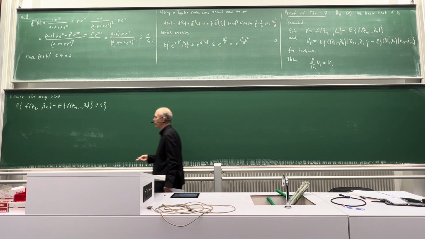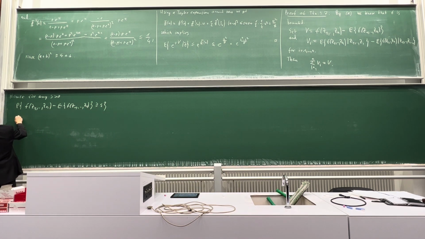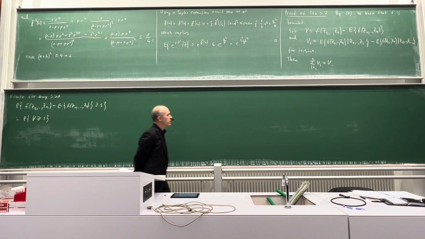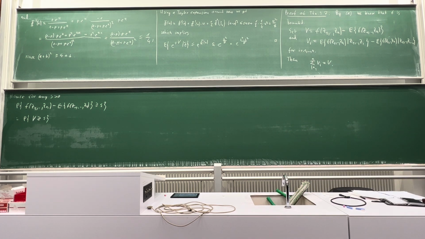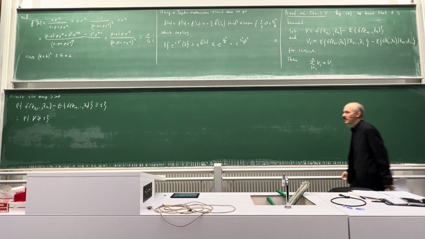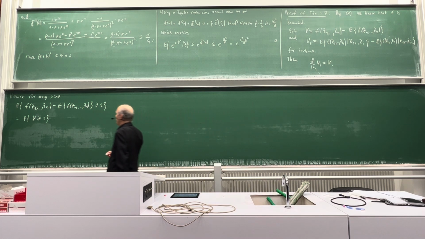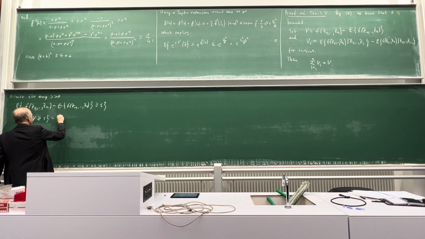And that's just the probability that V is greater than epsilon. And that in turn is the probability that the sum over i equal 1 to n of V_i is greater or equal than epsilon.